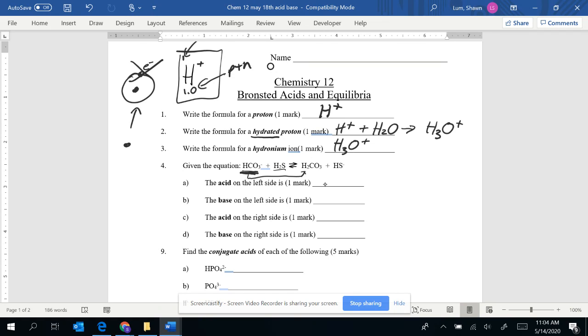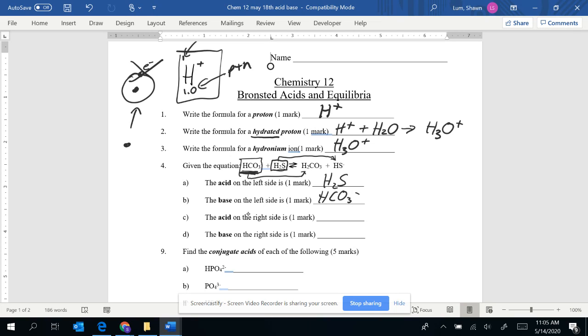This one started with 2, and then it had 1. Therefore, it gave an H. So the acid right here is H2S. Since it is a donator of hydrogens or protons, this one is an acid. If this is the acid, this one right here received, and therefore it is the base.